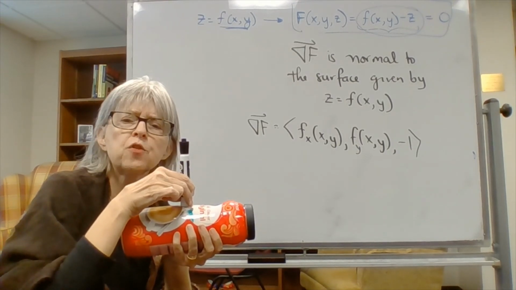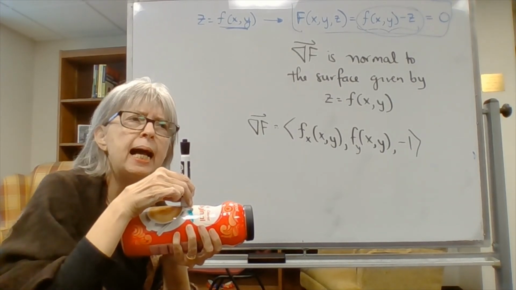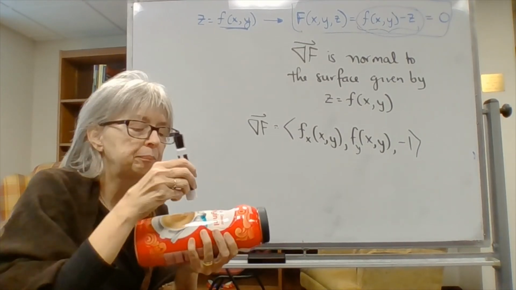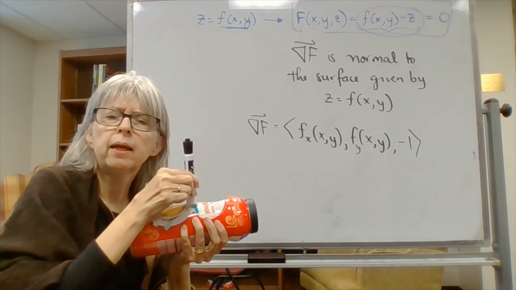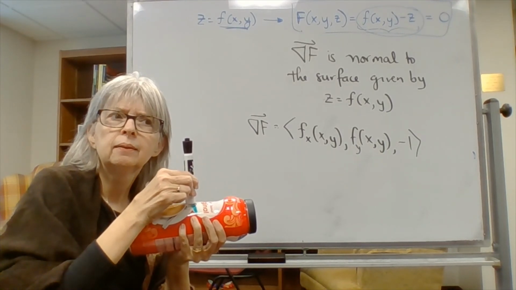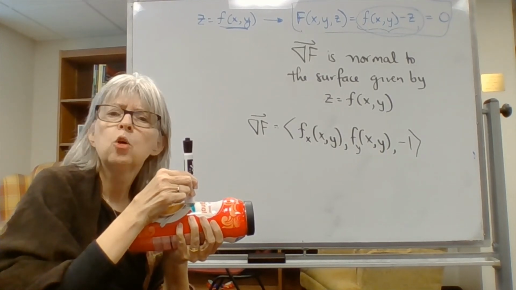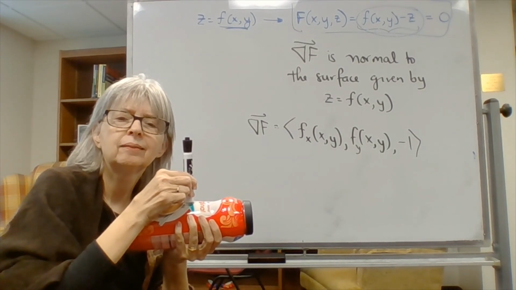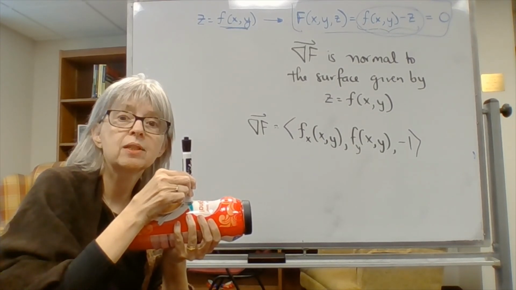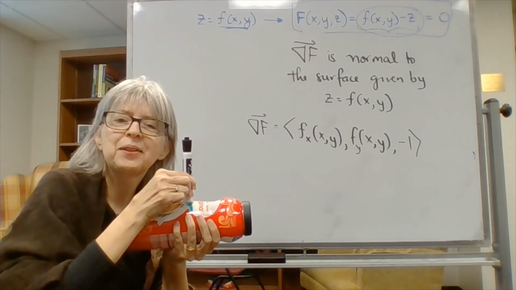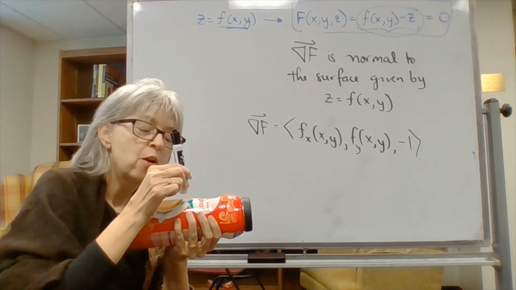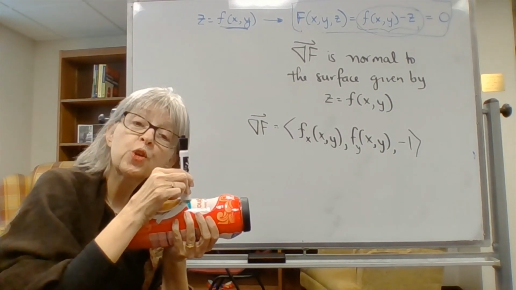To write an equation for a plane in 3 dimensions, I need a point. Ooh, I started by picking a point. And an orthogonal vector to the plane, a normal vector to the plane. Hey, guess what? This is normal to the surface.